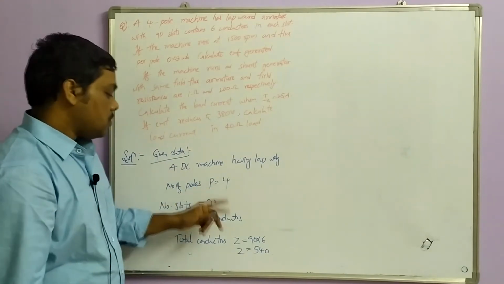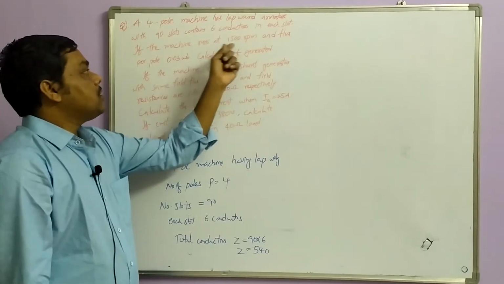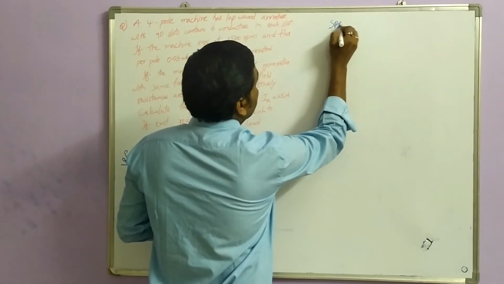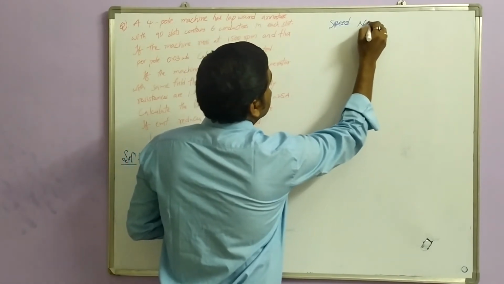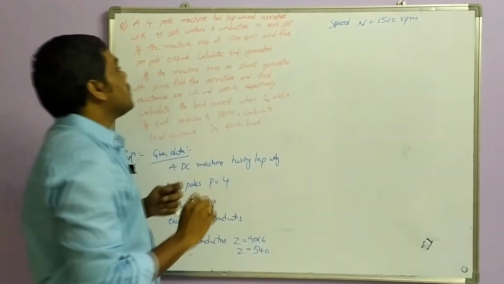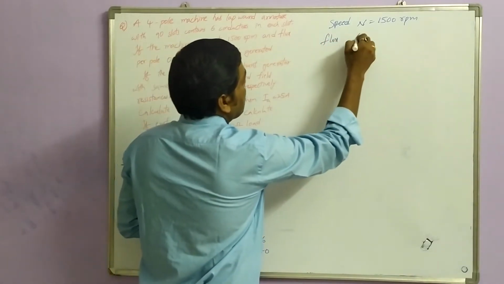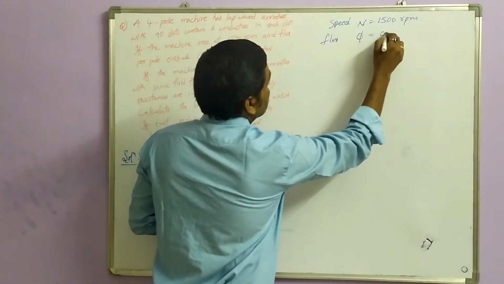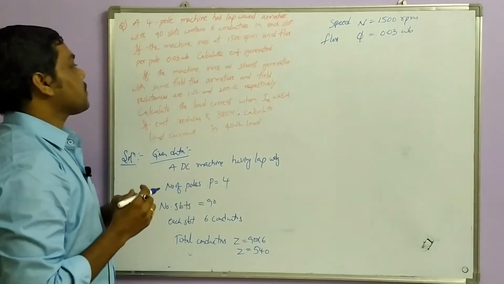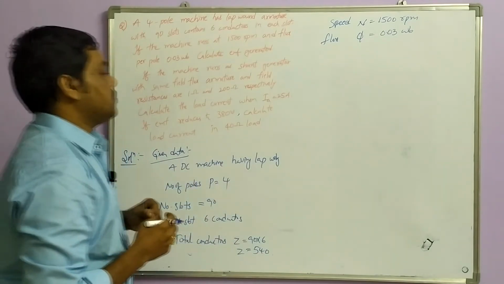The number of poles is 4 and the number of conductors is 540, and the speed of the machine is also given. Speed N is equal to 1500 rpm, and the flux per pole is 0.03 Webers. For this we have to calculate the EMF.